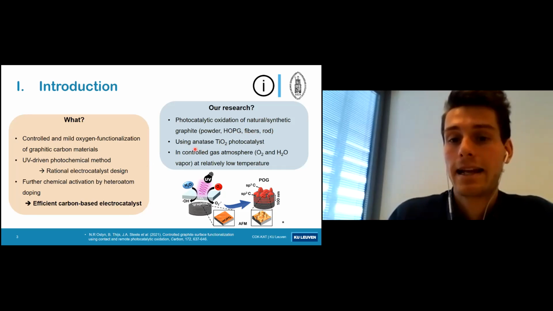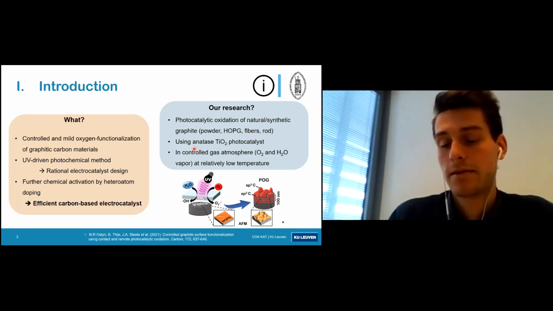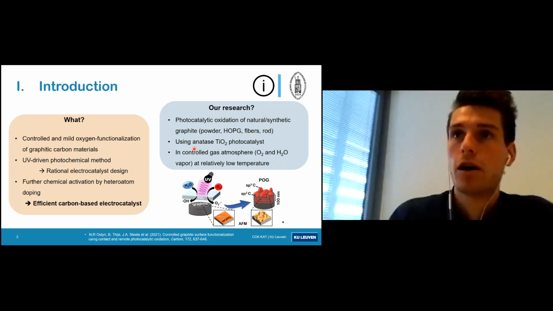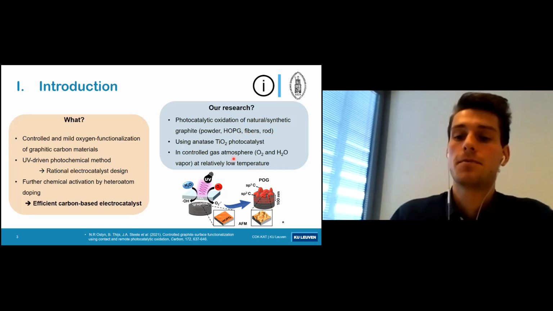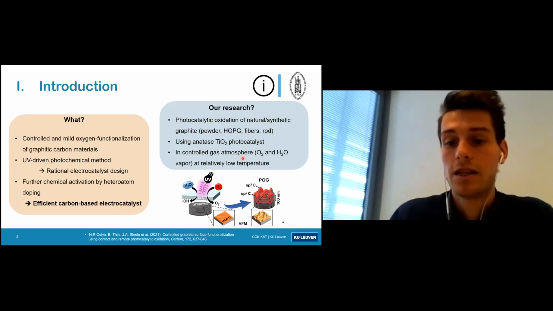I'm using an anatase titanium dioxide photocatalyst because this is the most active one in view of oxidation reactions. And I'm also using a controlled gas atmosphere with oxygen and hydrogen, water vapor reagents at a relatively low temperature, so it's not thermally driven, it's UV driven.